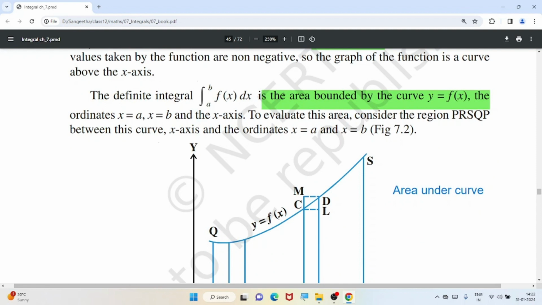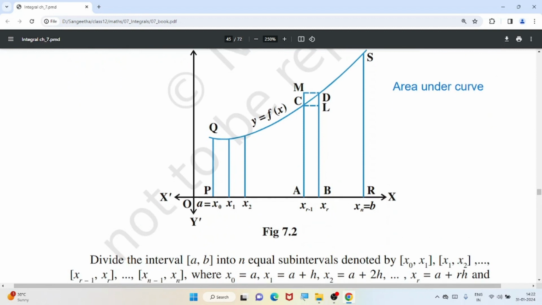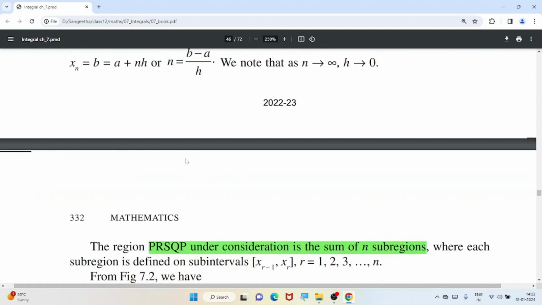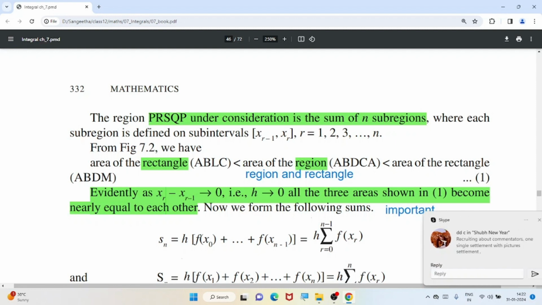Between this interval, the integral of f of x dx is the area bounded by the curve y equal to f of x, from x equal to a to x equal to b, the area under the curve. See, the rectangle ABLC is less than the area of the region.